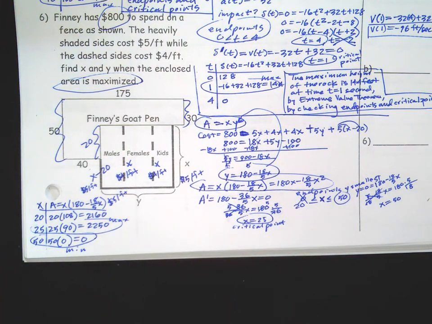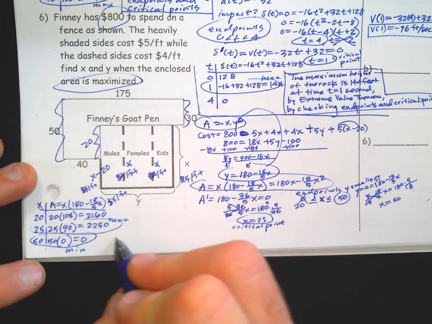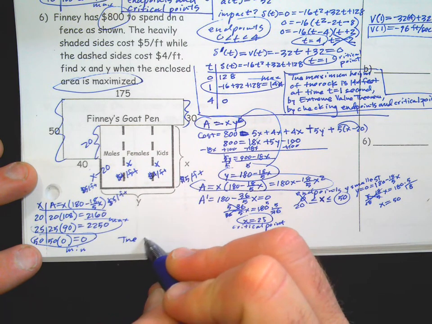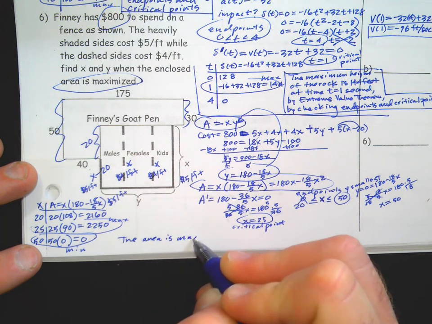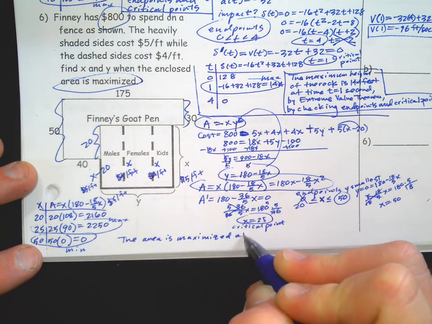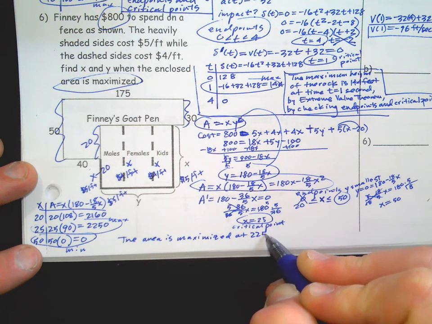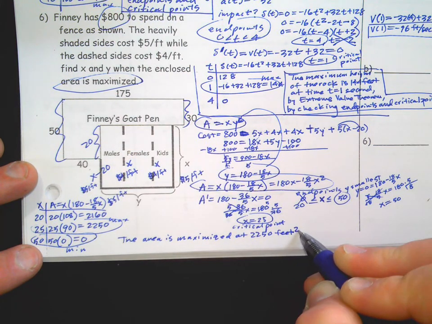So now we're going to write the answer nicely. We're going to say the area is maximized at 2250 square feet, right?